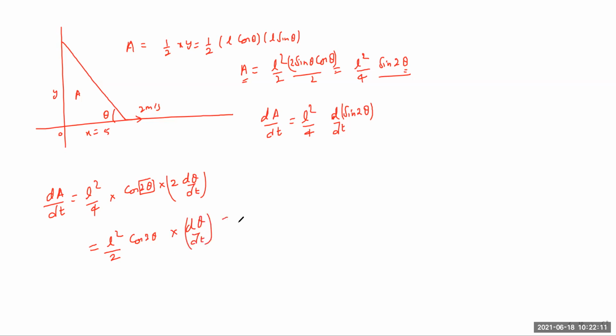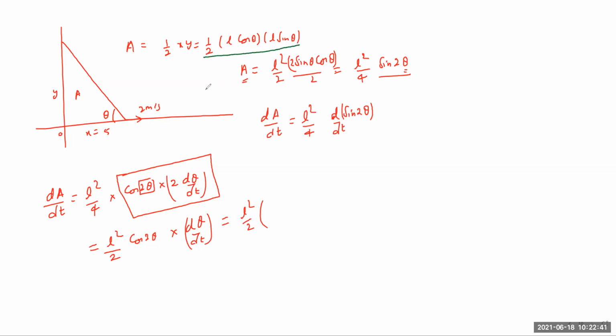Sir, yes, it will be 1 over 9 upon 12. Sir, I was not able to hear you. Yeah, tell me. Okay, okay. So now here we have to differentiate this using the chain rule. After you wrote that area is equal to half into x into y, I was not able to hear from here.